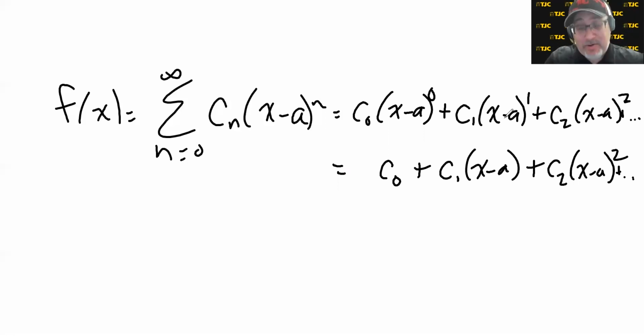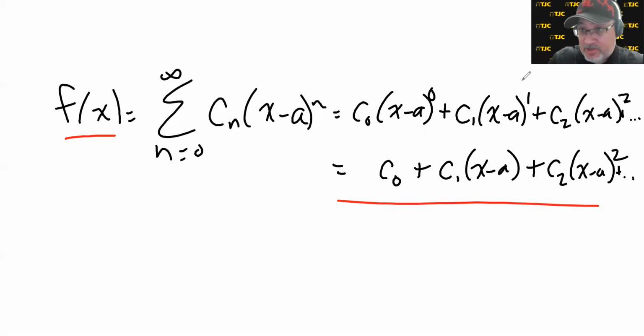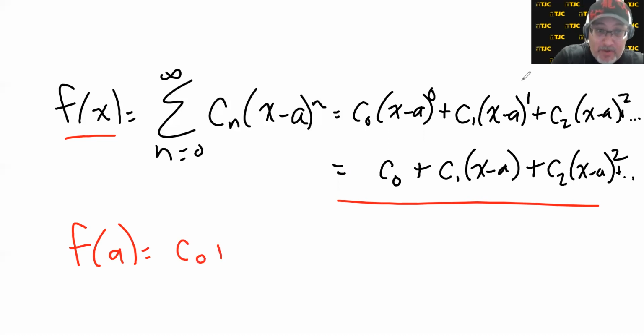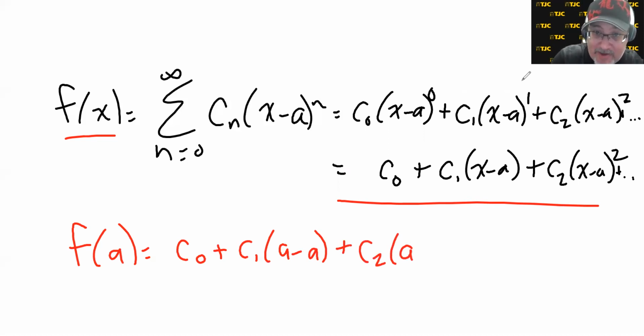If we just let 0 to the 0 power be equal to 1 in this instance, then we can say that our function, when it's expanded, looks like this. And so as a consequence, when we put in a, we get c0 plus c1 times a minus a to the first plus c2 times a minus a to the second, and everything zeroes out except for the first term.